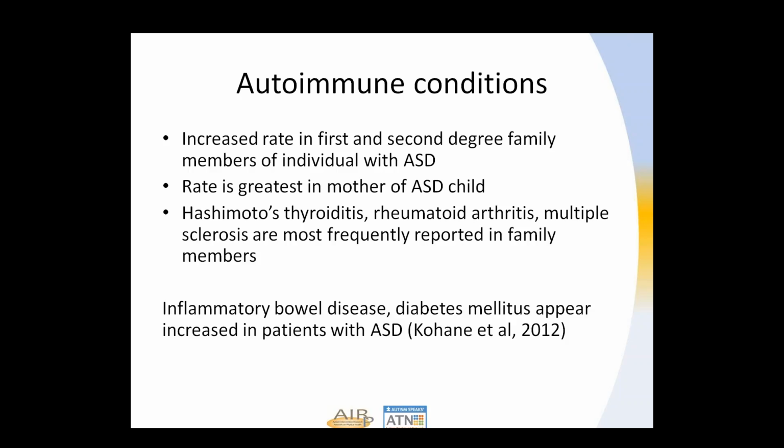Some of those studies that have found an increased rate have found that it is greatest in the mother of the child with autism. And as noted here, again, Hashimoto's, rheumatoid arthritis, multiple sclerosis are among the most frequently reported autoimmune conditions that are seen.